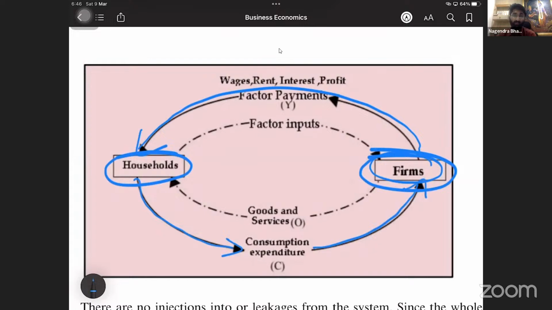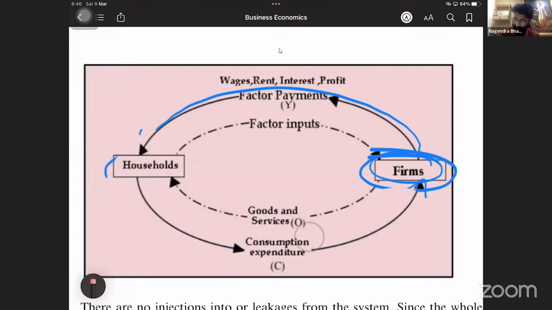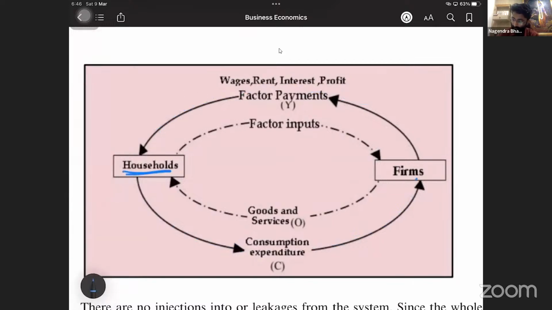Now, this is one circle. Again, listen. The first assumption is that there are only two sectors, household and firm. Whatever is produced by firms, those goods go to household, that means the general public.